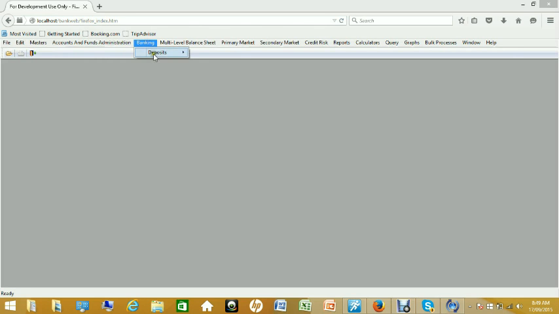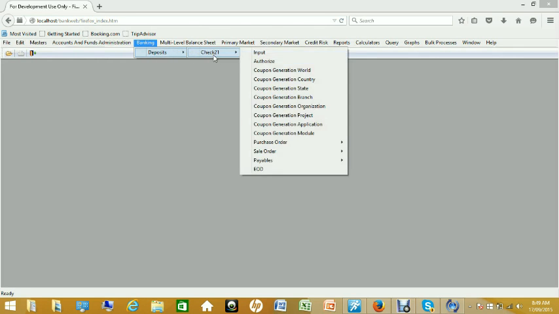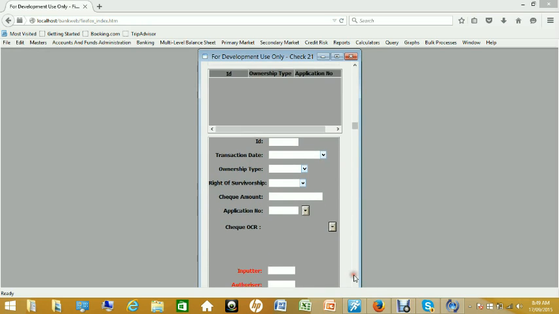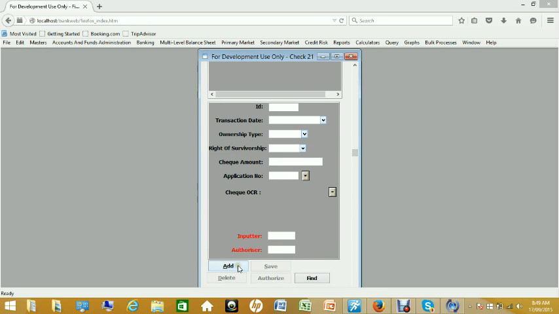So now let's enter a record for check 21 transaction, which is a deposit transaction for banking. So let's add a record. Transaction date 17.